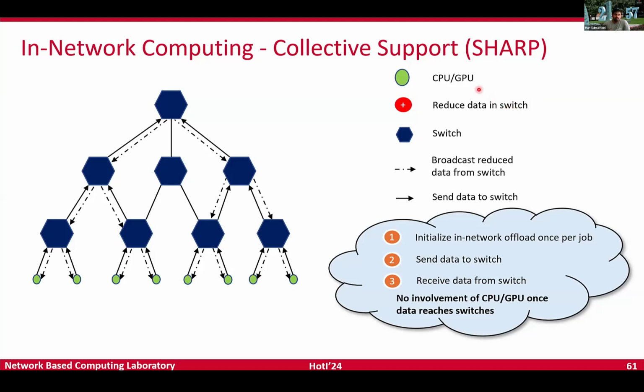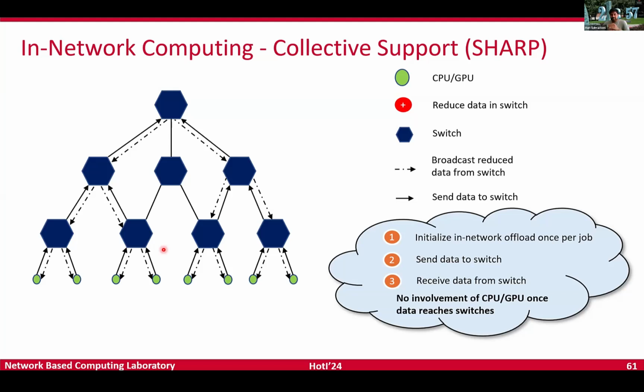This is where the newer support called SHARP, or Scalable Hierarchical Aggregation Protocol from NVIDIA Mellanox, comes into the picture. Here you have the ability to collect data from the end compute nodes, send them to the switches, do the mathematical operations in the switches in a hierarchical fashion, all the way up to the root of this tree that the job created, and send the result back down through the switches to the processes, so that the number of hops required to finish the compute and communication operation will be significantly lower.